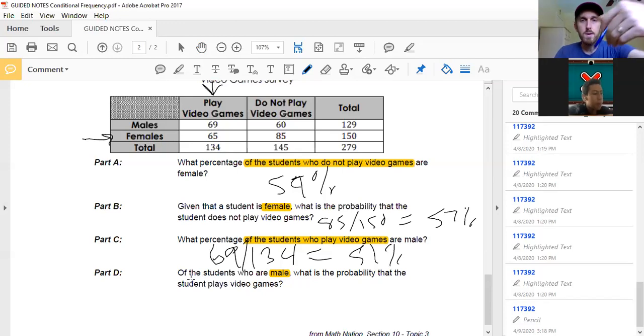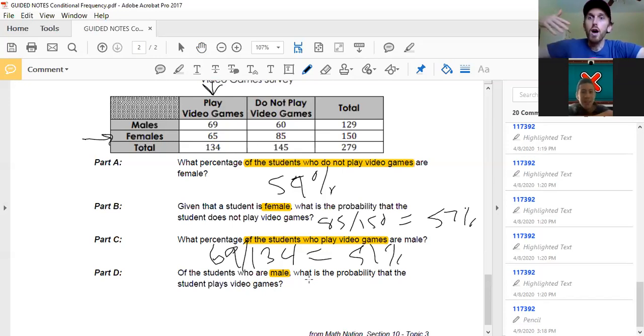Okay, so there's a key phrase you've seen like 3 times already. What's the key phrase that helps you set the condition? I'll read part D here. It says, of the students who were male, what's the probability that a student plays video games? What do you notice? Of the.